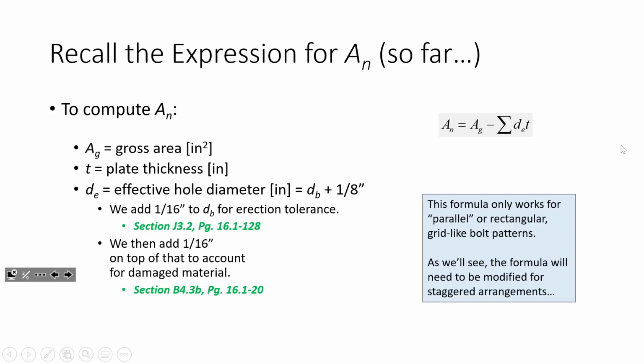I didn't write this in the slides in the last lecture because we sort of organically derived it, and I think there's a little bit more inherent understanding that the net area formula before was the gross area minus, and all we had was this concept that it was just the area lost due to the presence of bolt holes. Well, now we know that there is a means to compute that, and it is the sum of the hole diameters times the thicknesses.